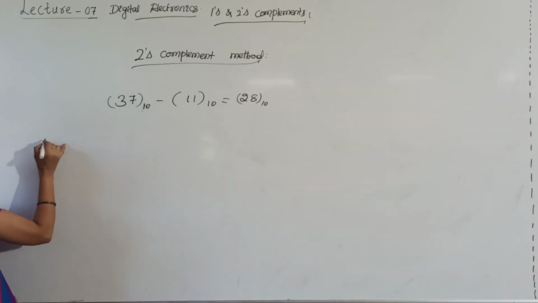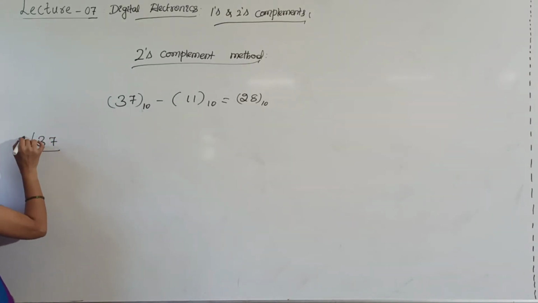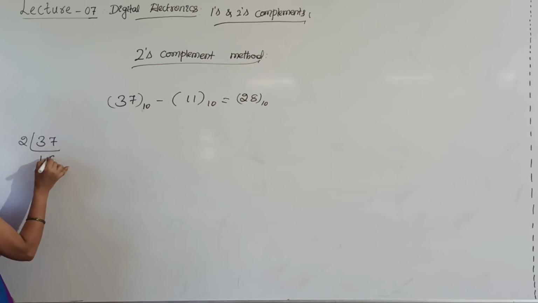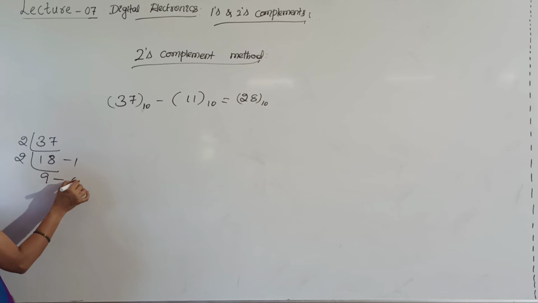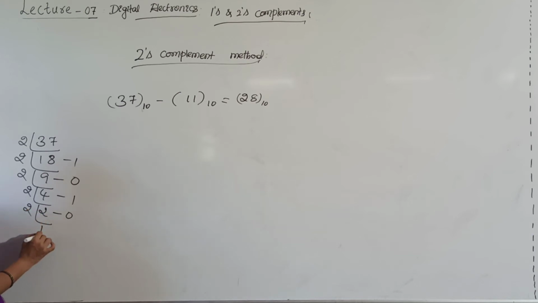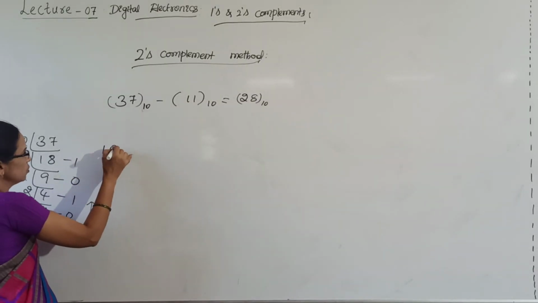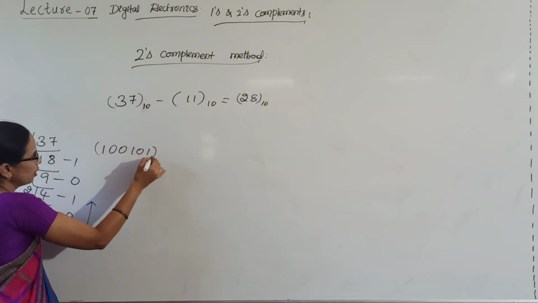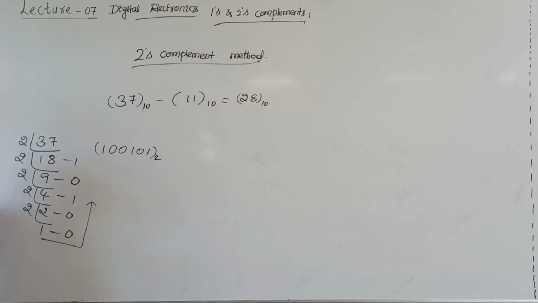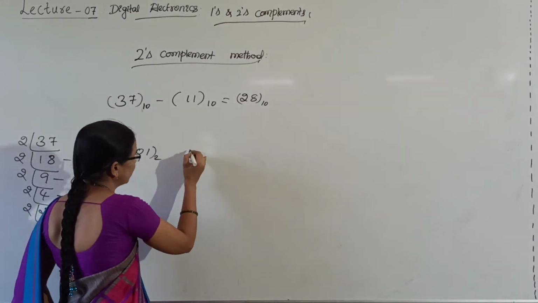Just check it. 37, convert this into binary. 2 18s are 36, remainder 1; 2 9s are 18, remainder 1; 2 4s are 0; 2 2s are 0; 2 1s are 0. This is our binary equivalent of 37. 100101 is the binary equivalent of decimal 37, and 11 I already know.